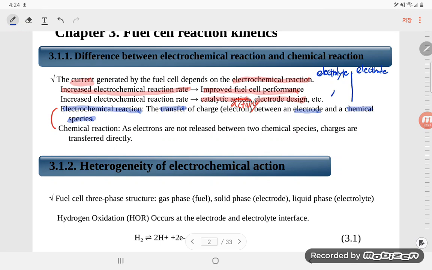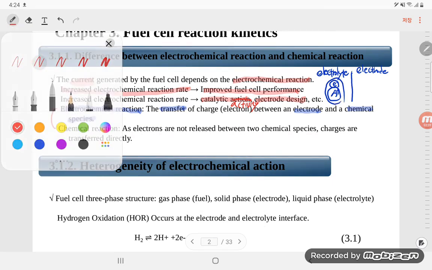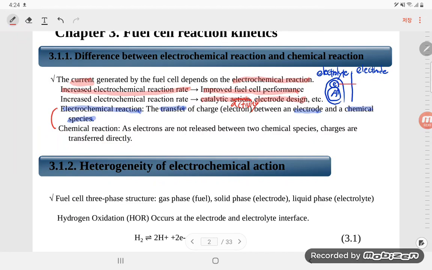And if there is a proton and an electron, there is a pair of chemical species including this proton and electron, and only at the interface they can decompose and move through. The electron can move to the electrode, and this ion or proton can move through the electrolyte.